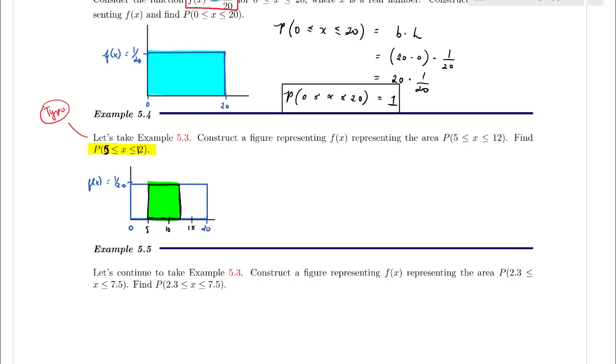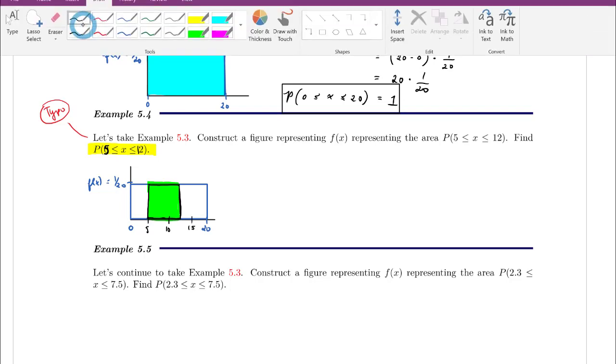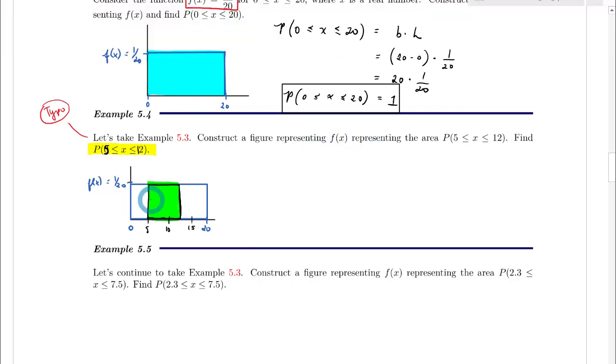Okay, so now let's go ahead. I did the first part. I constructed the figure representing the area, and now the probability that x will be between 5 and 12 is equal to, once again, I have a rectangular shape, base times height. So the base here would be the distance between 5 and 12, which would be the difference, right? And then times the height, and notice the height stays the same as 1/20th.